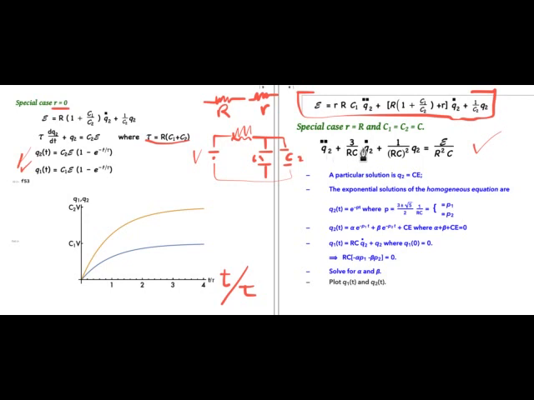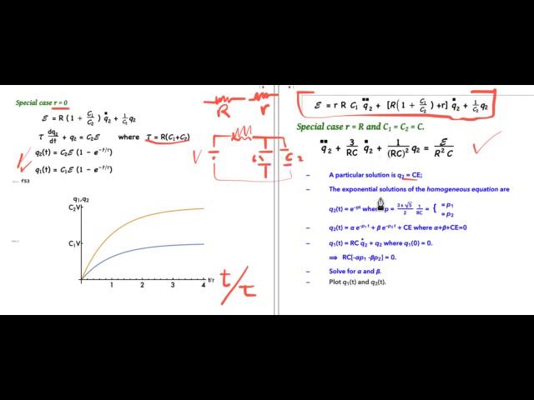A particular solution would just be constant Q2, because then these two terms would be 0, and the constant would have to be E times C. So here's a particular solution. That's C times E. That solves the differential equation. But it doesn't solve the initial conditions. Because remember, the initial conditions are Q1 and Q2 are both equal to 0. We start out with the capacitors not charged.